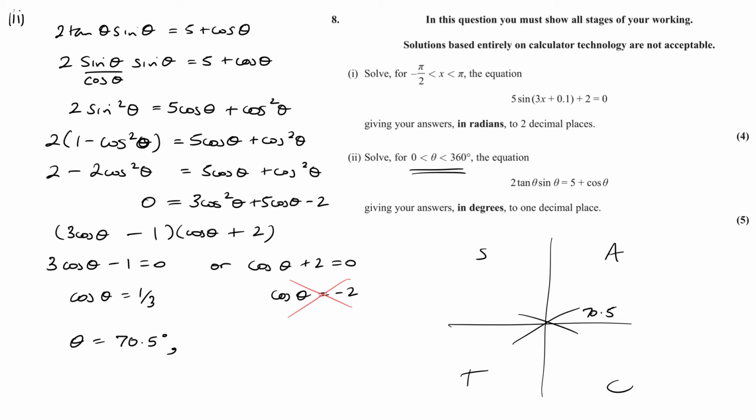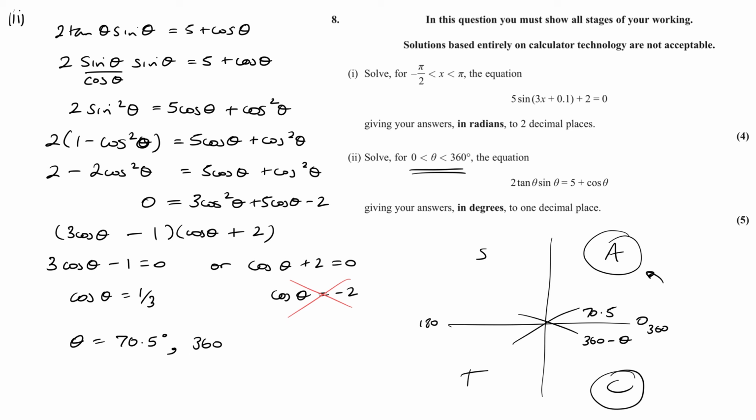70.5 is the angle. That's obviously starting at 0, and this is positive. So it's going to be where cos is positive, so here and here. So you think we're going round in this direction, 180 there, and back round to 360 there. Okay, so we want this angle here, and this is going to be 360 minus my theta.